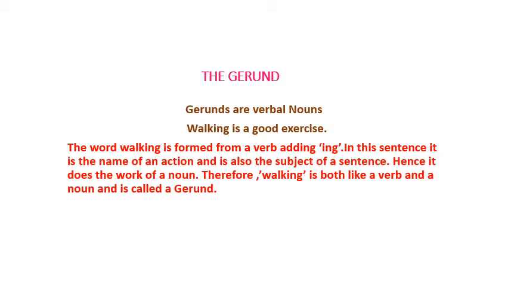In this sentence, it is the name of an action and is also the subject of the sentence. Hence, it does the work of a noun. Therefore, walking is both like a verb and a noun and is called a gerund.